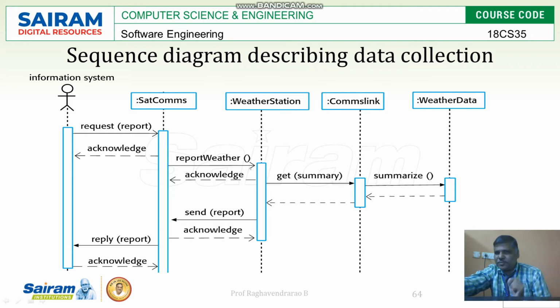Now you see a small thing in this: you should verify the receiving lines, these acknowledgement lines. Before this executes, they are present before the next object is called. So the acknowledgements will be there before that.